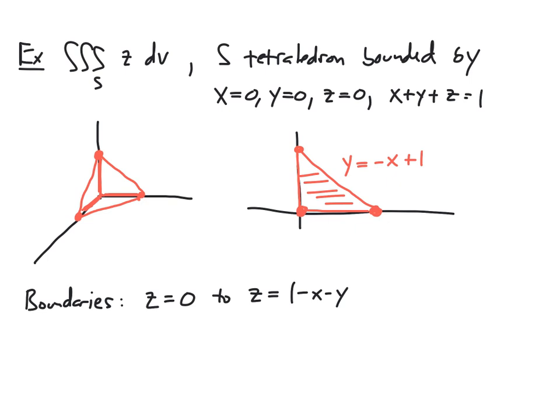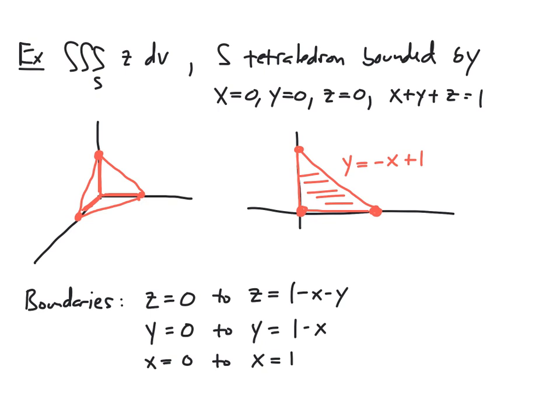Now when we look at the boundaries of this region, we want the boundaries of y. So y is going to go from 0 at the x-axis, and that's our lower curve. Our upper curve is the line we just indicated, so y equals 1 minus x. And then x will go from 0 to 1.